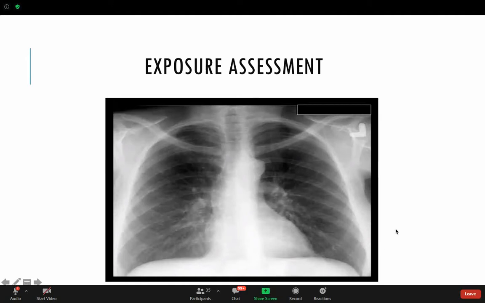Guys, are you back or am I talking to myself? Guys, I need your help. How can we assess the exposure in a chest X-ray?